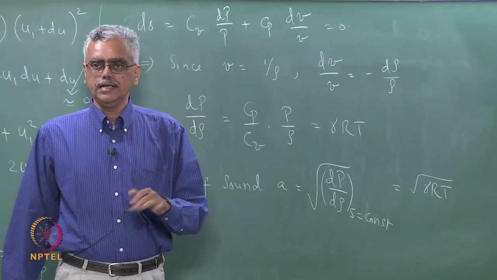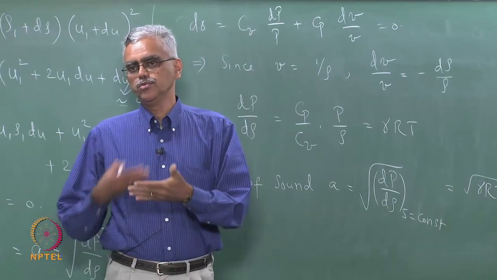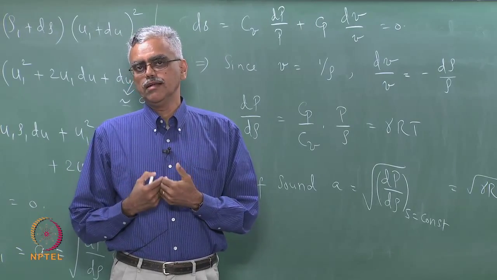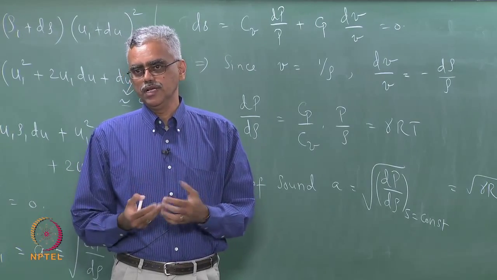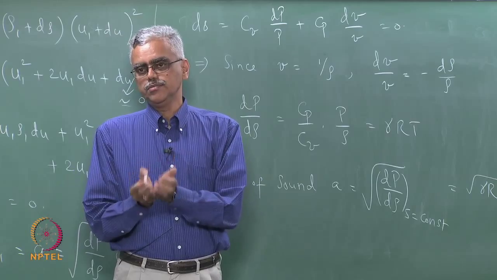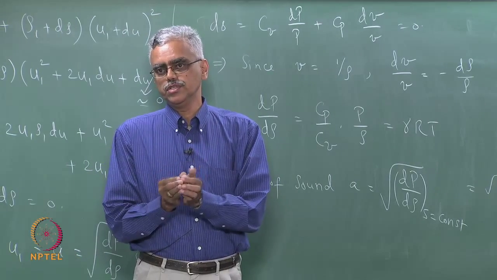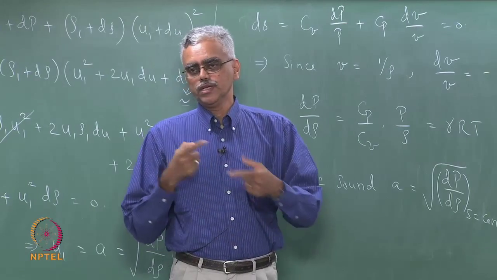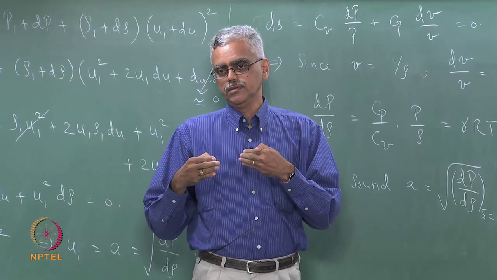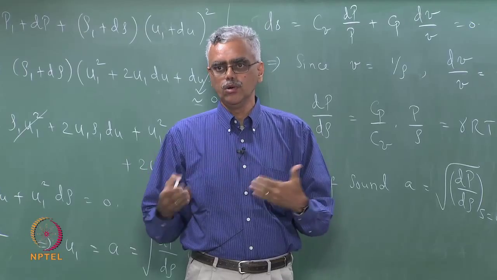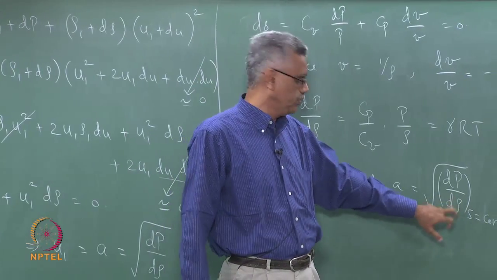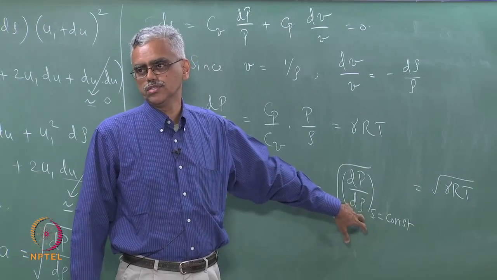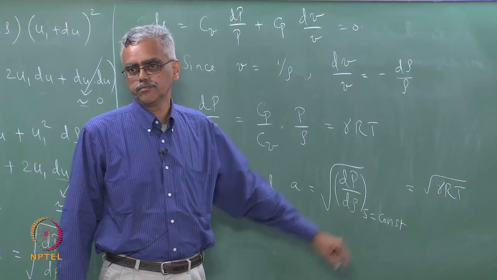You can either calculate a frozen speed of sound, where you assume the composition to be frozen so that s becomes constant, or you can calculate an equilibrium speed of sound, where you assume that the given composition is at equilibrium, which means again that ds is equal to 0. So you can calculate two speeds, something like an upper limit and a lower limit, but the actual speed of sound in a reacting flow itself cannot be calculated, because you cannot have s equal to constant in a chemical reaction. Okay.